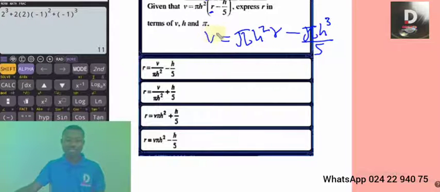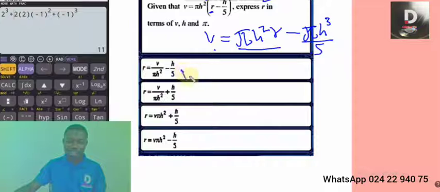Now let's continue. You keep asking yourself, what am I making the subject? Make r the subject. Has it appeared twice? No, only once. There are 3 terms here: 1, 2, 3. R is here. Where there's r, let that one stand alone. That is our aim. So we carry this one to the other side.